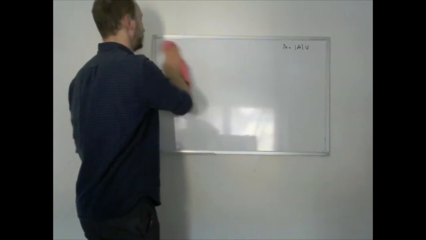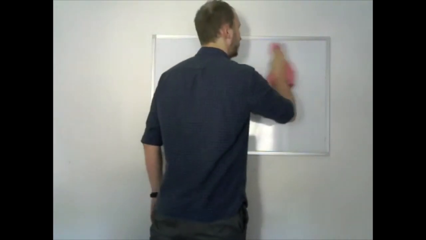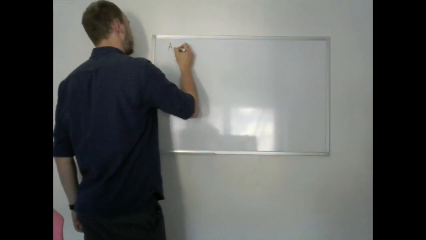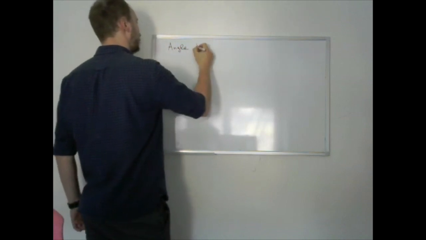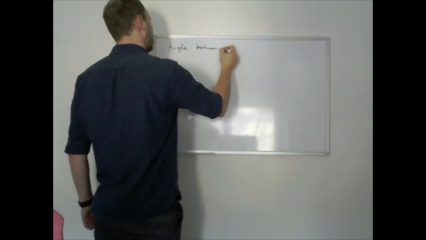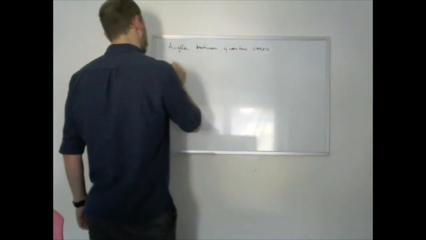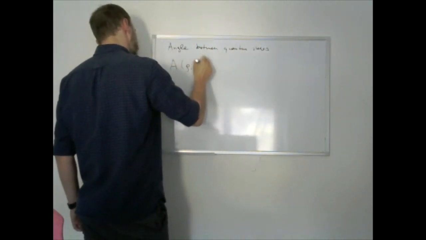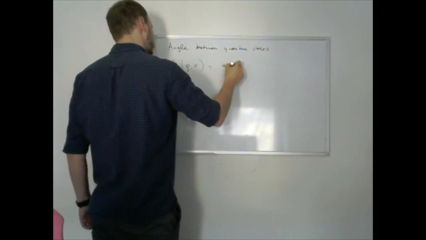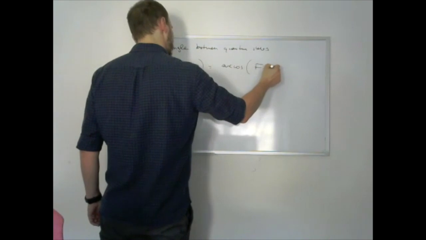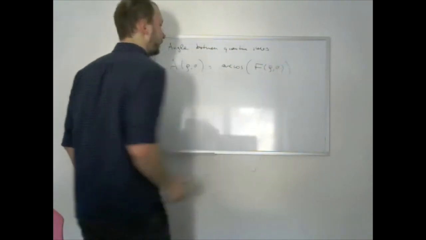Finally, good. So now let me introduce the angle between quantum states. We define the angle between two states, rho and sigma, as being the arccos, I'm not sure if we introduced it already, of the fidelity between rho and sigma.